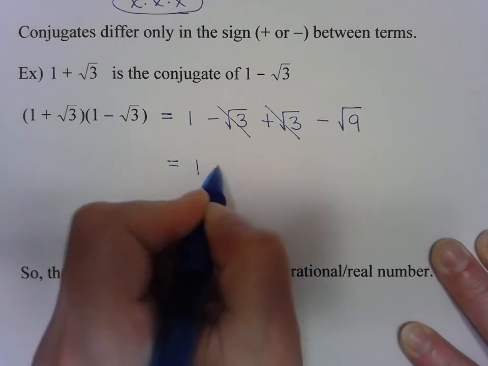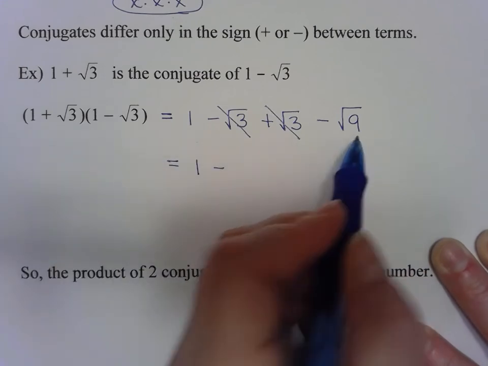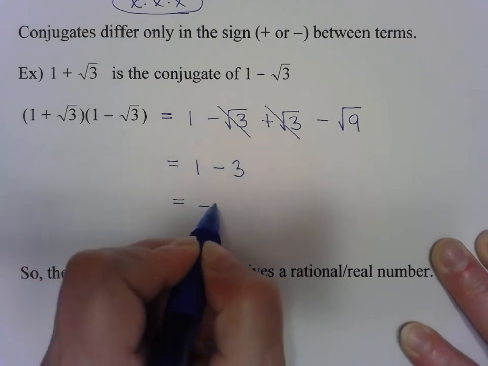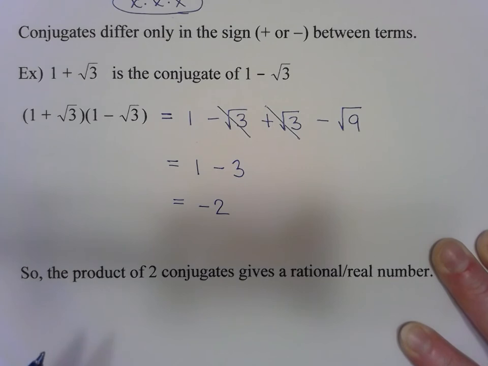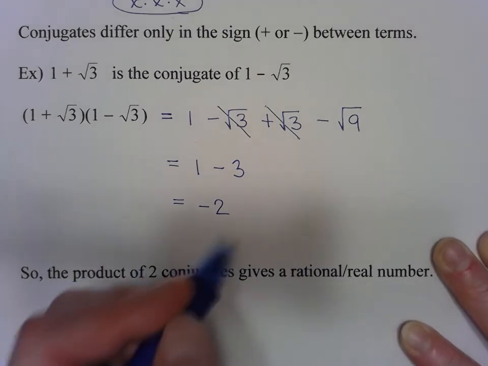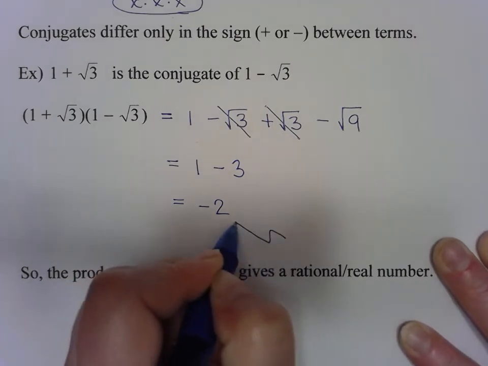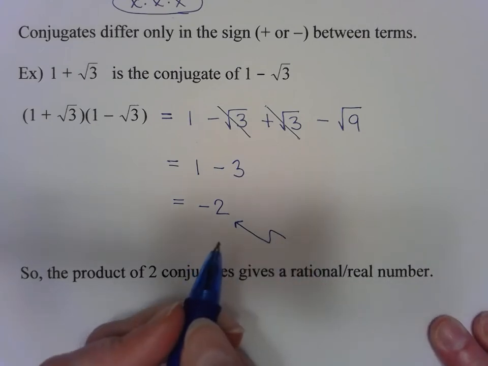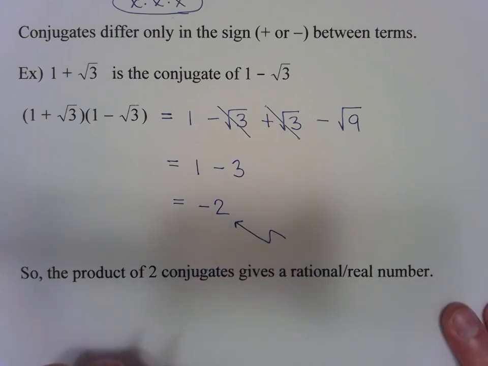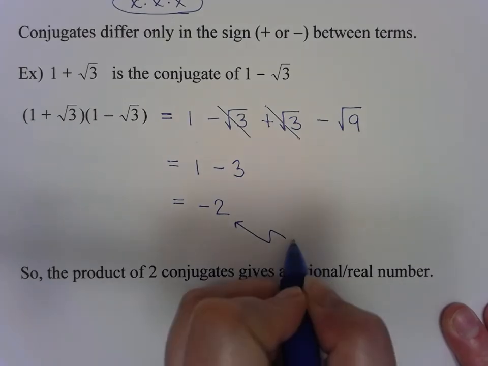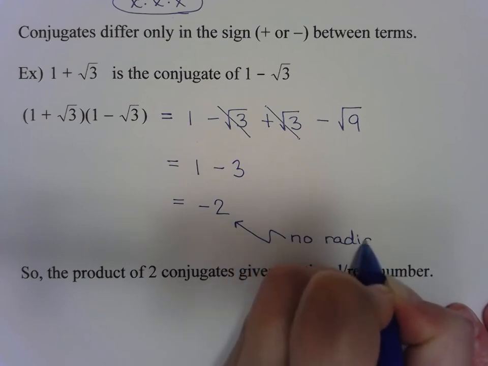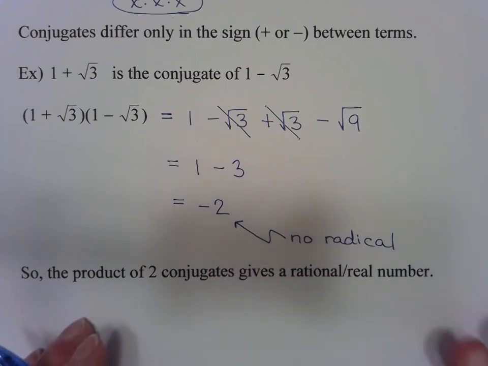So I have 1 minus the square root of 9, which is 3. 1 minus 3 is negative 2. So what happens is when I multiply two numbers like this that are conjugates, I get a number that is rational, which means I have no radical, no square root, no cube root left. They've gone.